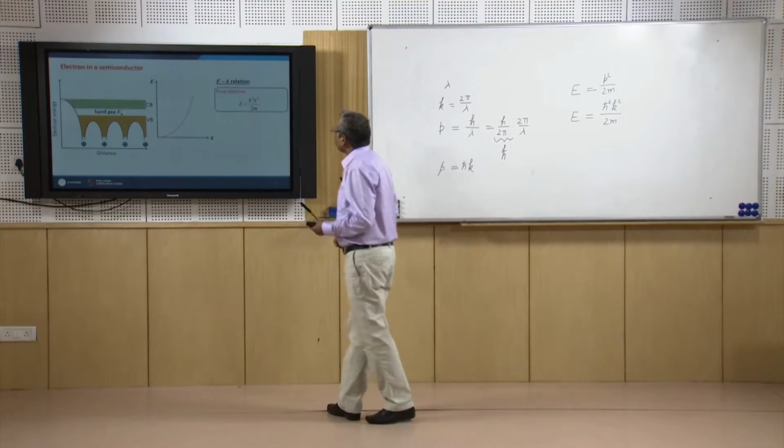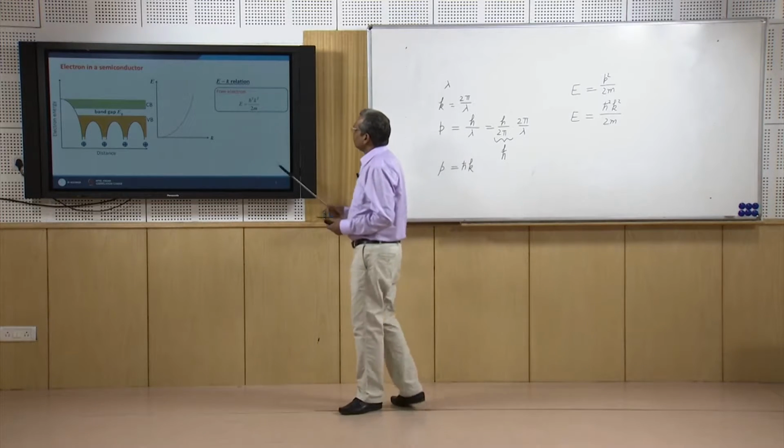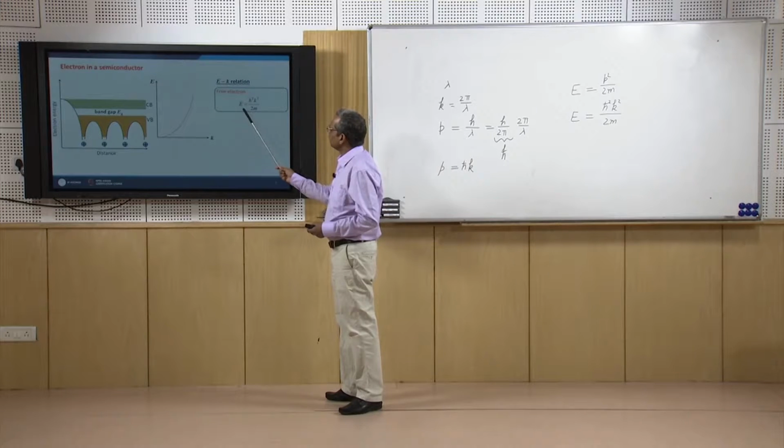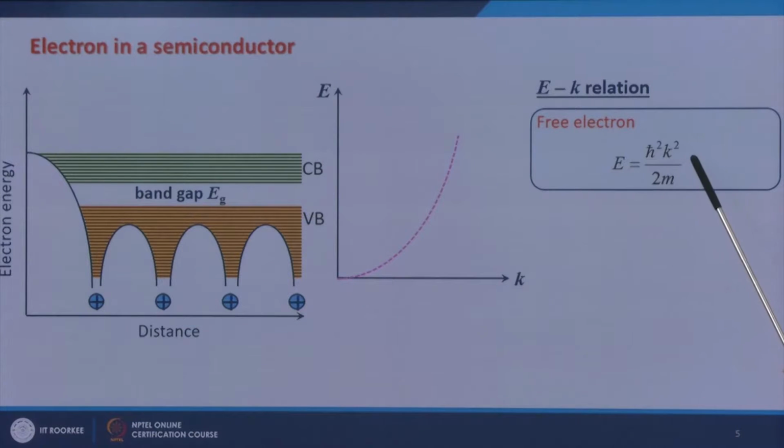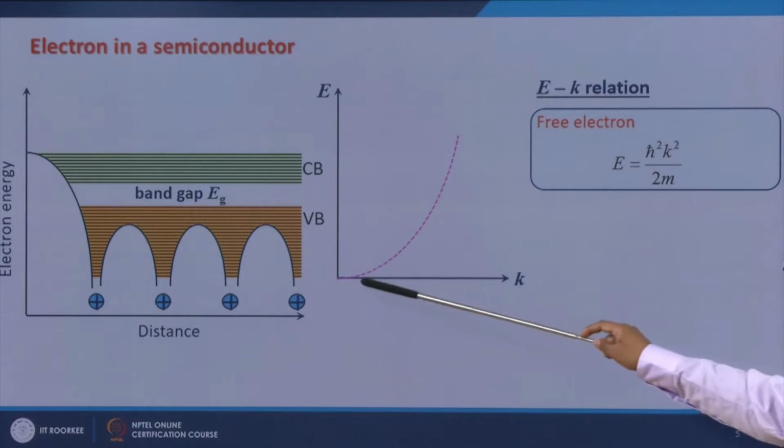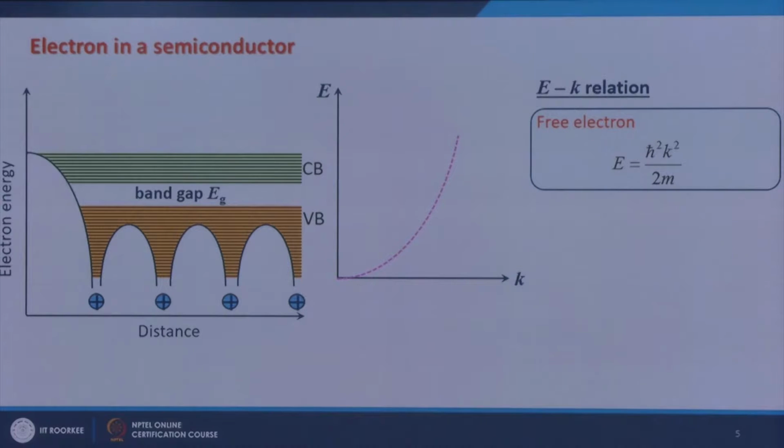Then the relationship between the energy E of the electron and k, which is the wave vector associated with the de Broglie wave of the electron, is given by E is equal to h cross square k square over 2m. So, if I plot it, then it goes like this, it is parabolic.